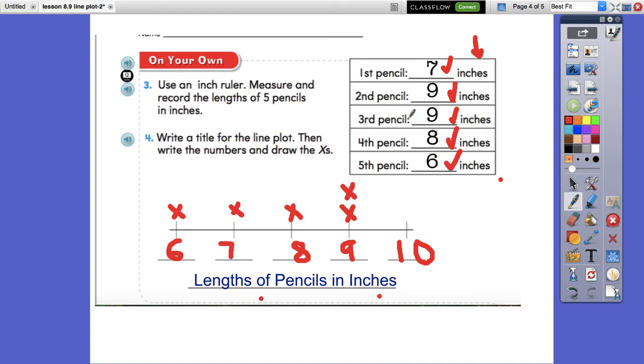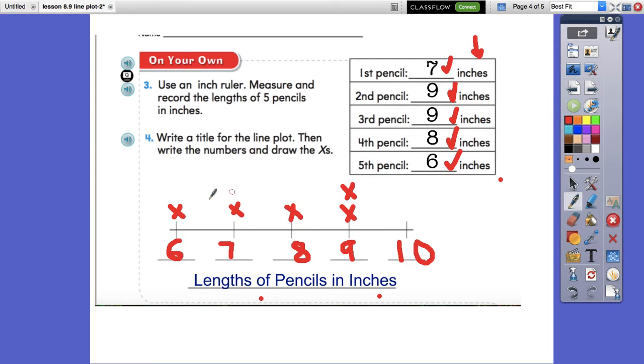So when I look at my line plot, I can see the lengths of pencils in inches. And so if I asked you which 2 pencils have the same inches, you would say 9, because we have 2 pencils which are 9 inches long. If I said to you, what is the shortest pencil?